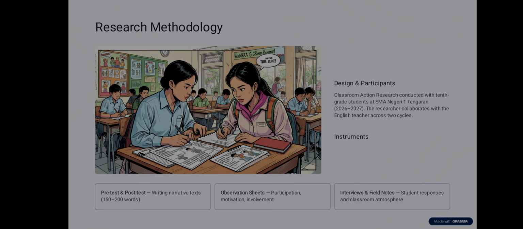They include pre-test and post-test to measure students' writing achievement, observation sheets to record students' participation and motivation, interviews to gather students' responses, and field notes to document classroom activities. Before concluding, I would like to briefly discuss previous studies.